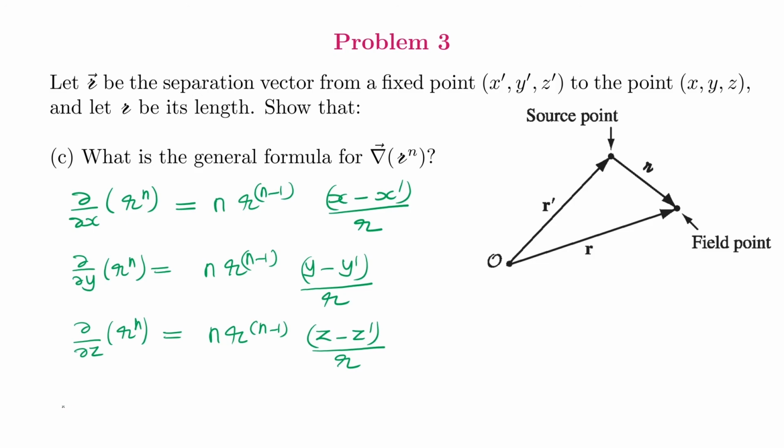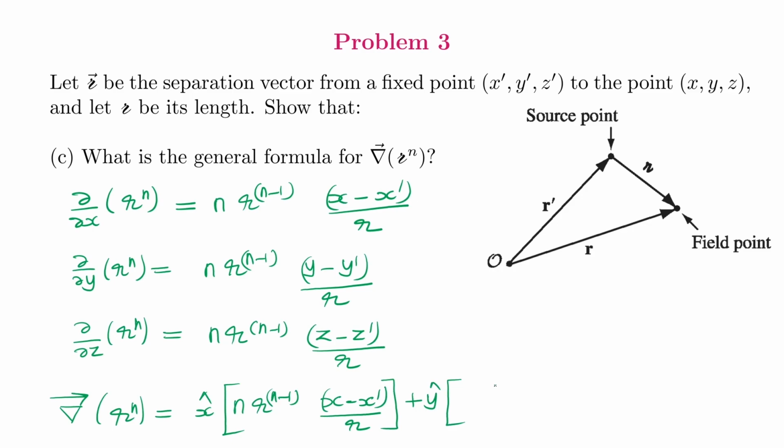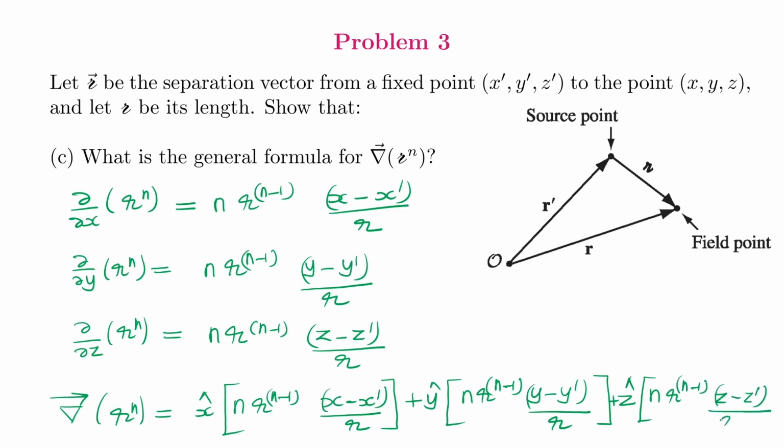When we combine, we have del of r power n equal to x hat n r^(n minus 1) (x minus x') divided by r plus y hat n r^(n minus 1) (y minus y') divided by r plus z hat n r^(n minus 1) (z minus z') divided by r.